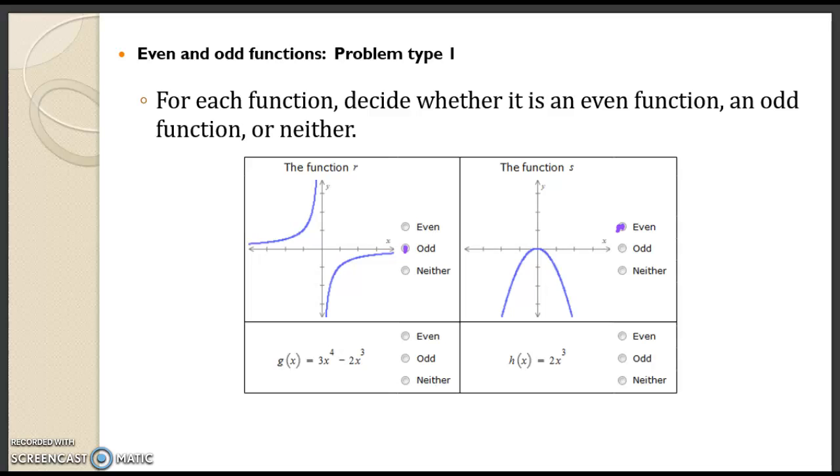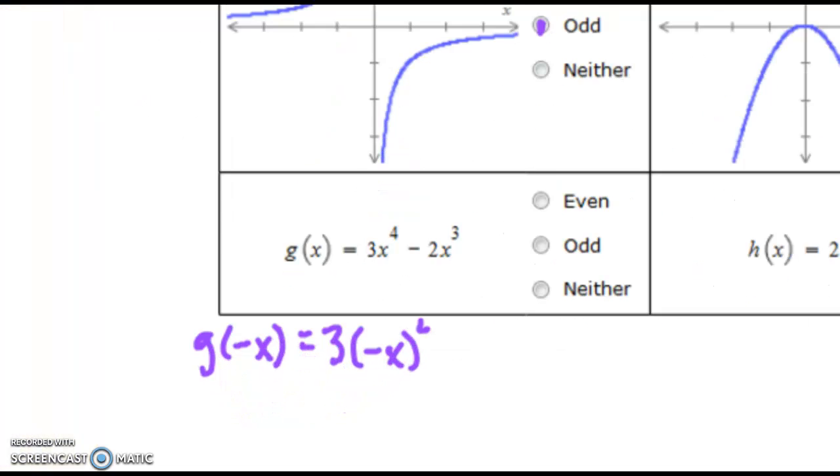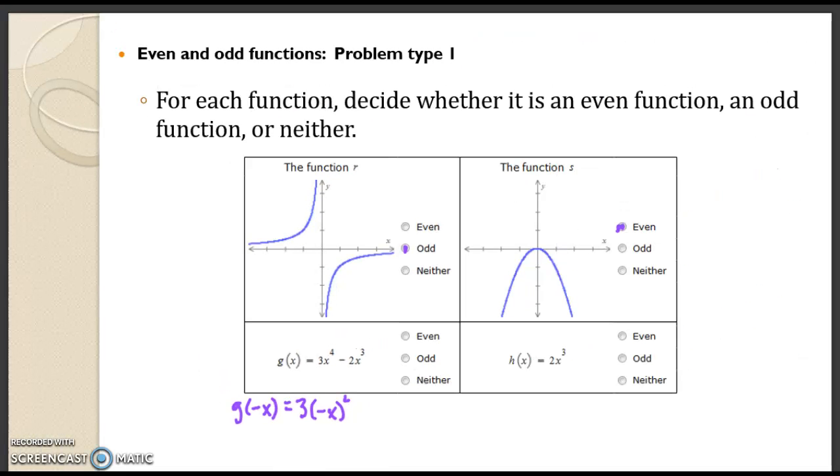Now what about for g of x? It's not a graph, right? So let's go ahead and plug in negative x. That's going to be 3 times negative x to the 4th minus 2 times negative x to the 3rd.